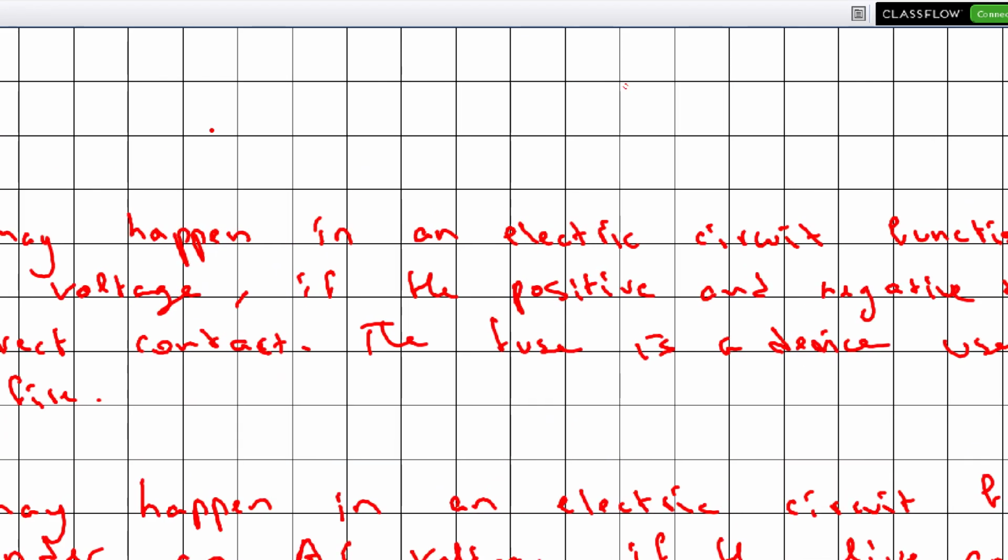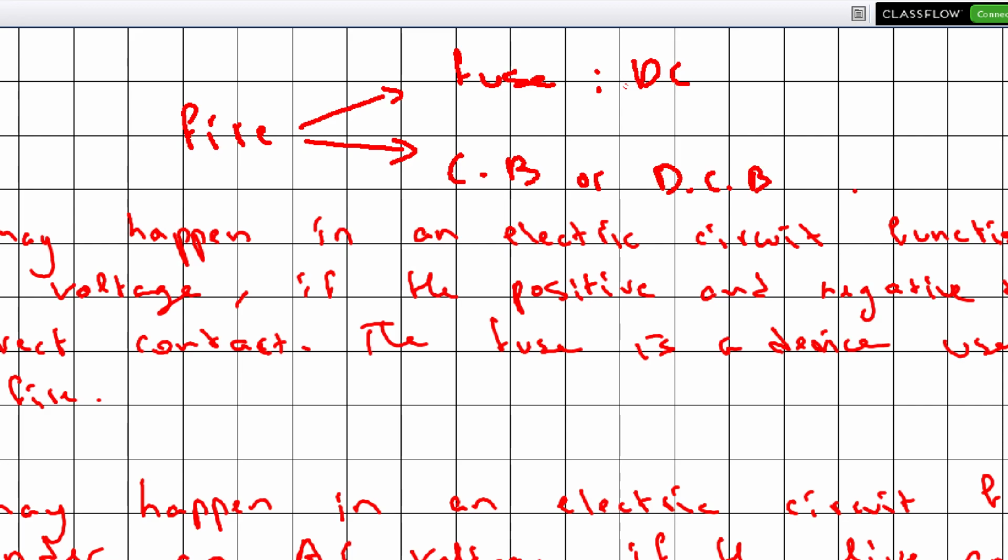So fire can be prevented on an electric circuit using a fuse. So this is a summary in the case of DC voltage, and using the circuit breaker or the differential circuit breaker in the case of AC.